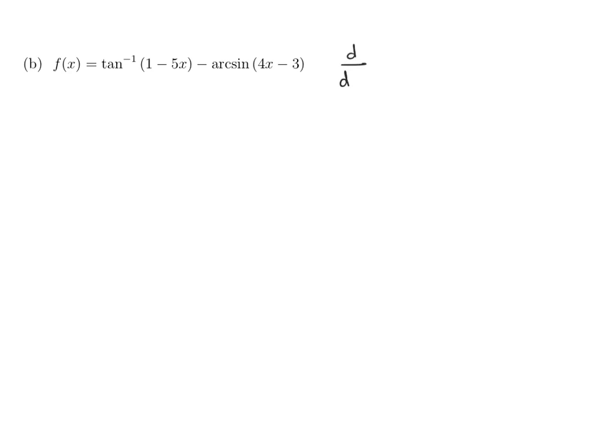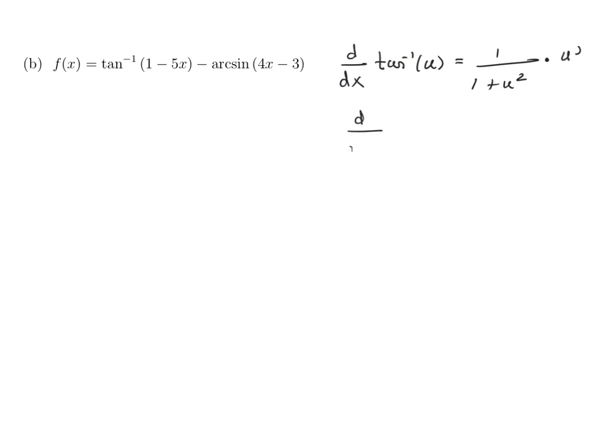When you take the derivative with respect to x of tangent inverse of some function, the rule is it is 1 over 1 plus u squared. But by the chain rule, you have to multiply by the derivative of whatever is composed inside the function, which is u, and I'll express this as u prime.